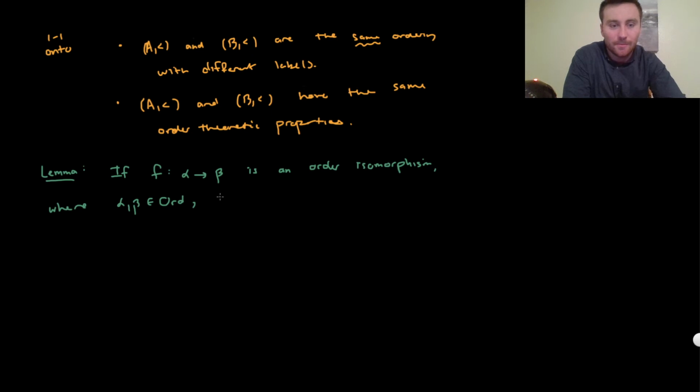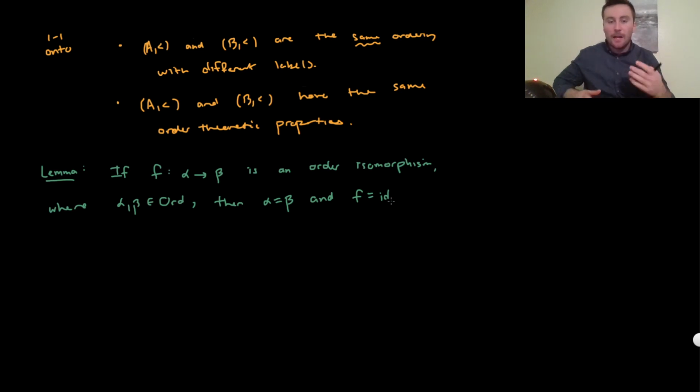So alpha is equal to beta, and F is equal to the identity map. In other words, for every gamma less than alpha, F of gamma is equal to gamma.